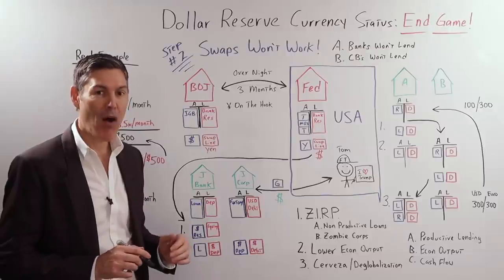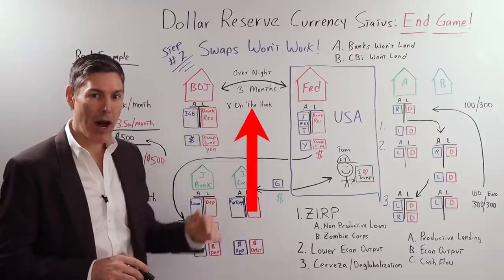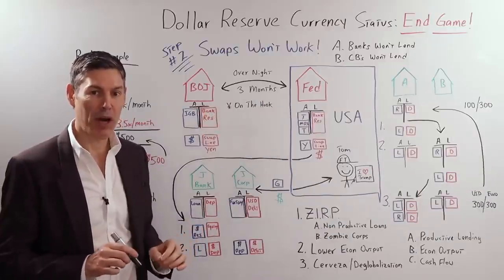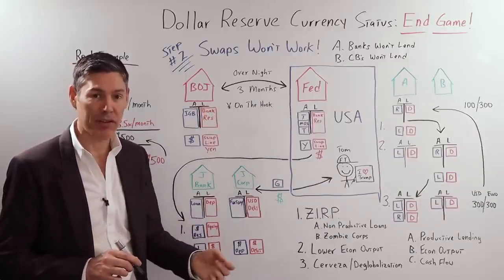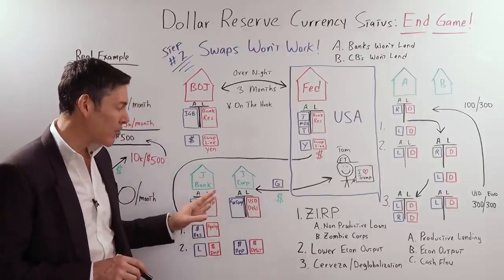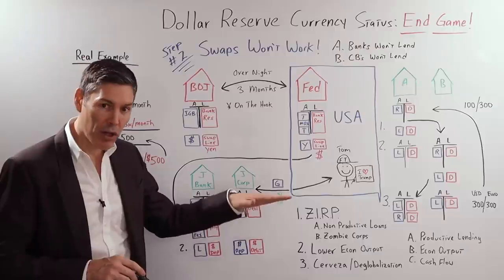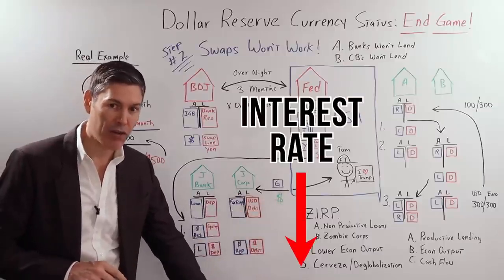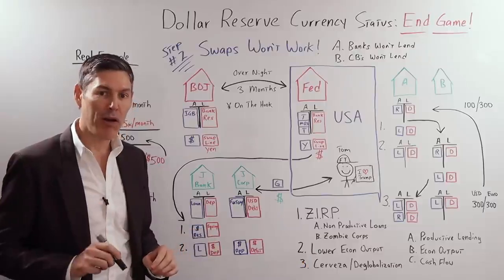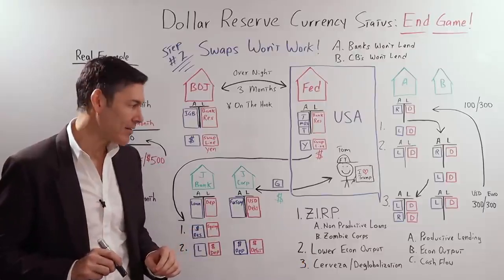So that means how high of a bar, or how much profit, how much cash flow does the corporation or business or person have to have coming in order for the bank to create the loan. The lower the interest rate goes, the lower the hurdle rate, meaning the less qualified the borrower has to be.